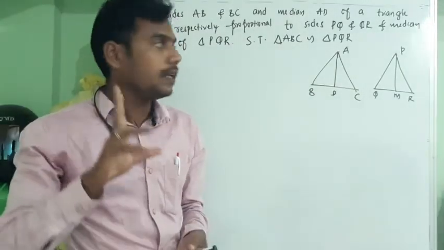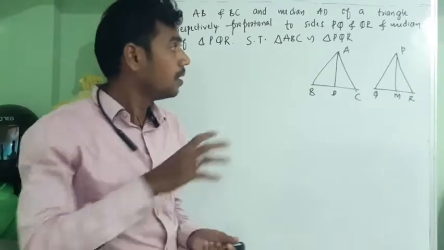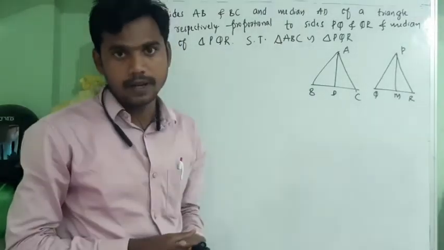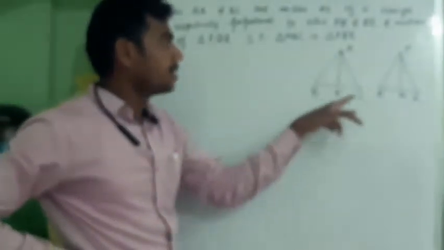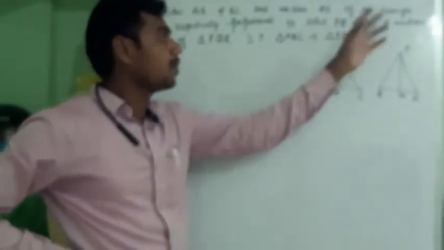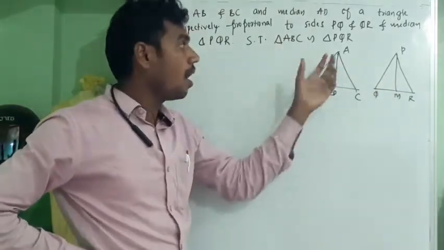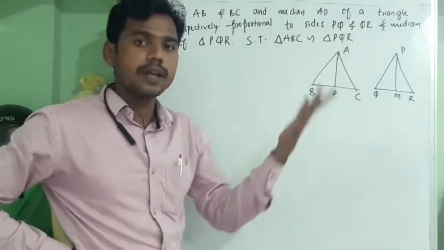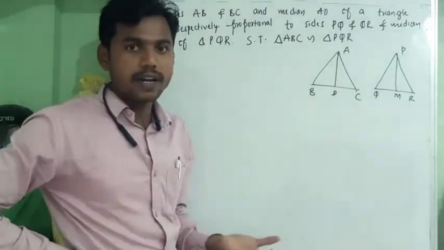So to see, there are two ways in which we can show the two triangles are similar. If you go to the basics, if I want to say the two triangles are similar, all the three sides should be proportional to all the corresponding three sides of the other triangle, and all the corresponding angles should be equal. And we have a criteria. What are the criteria?